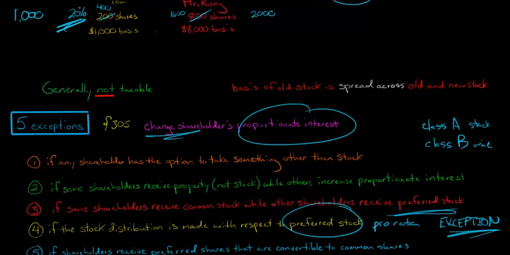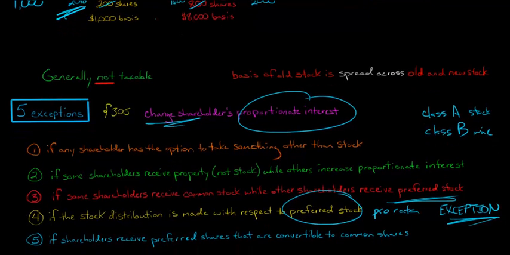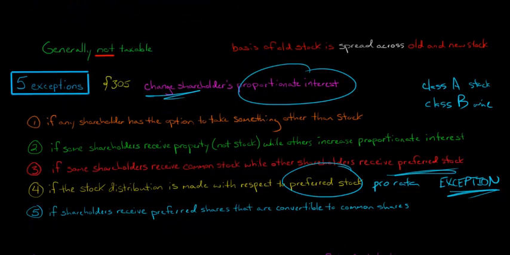Now, speaking of convertible shares, let's say that you receive preferred shares that are convertible to common shares. That is generally going to be taxable. However, it's a little weird if 100% of the people convert, right? So if you and Mr. Kong each receive preferred shares that are convertible to common shares, if both of you convert, then it's not a problem. It's not going to be taxable.